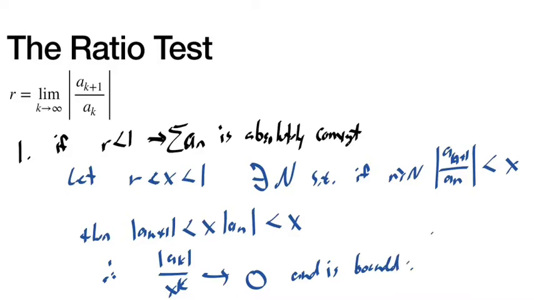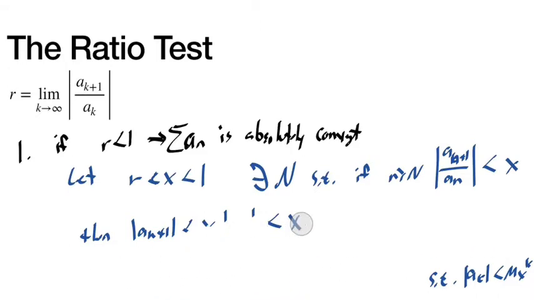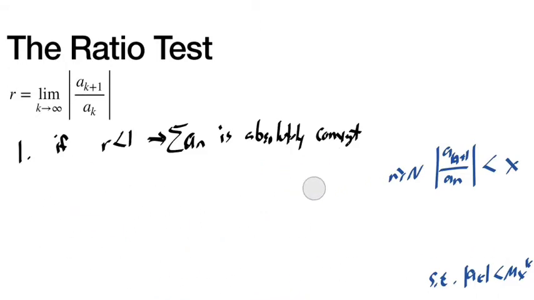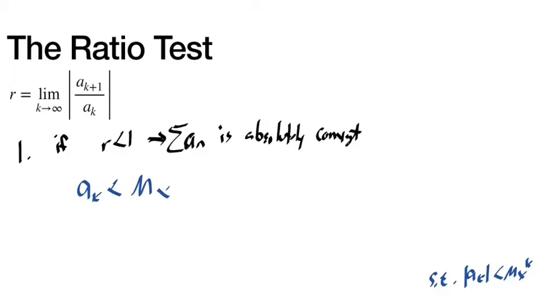So what is that going to tell us? That's going to tell us that there exists some M such that the absolute value of a_k is less than M times x to the k, for whatever that k value is. Now that I've got that fact established, what I see is that our a_k's must be less than some geometric series.